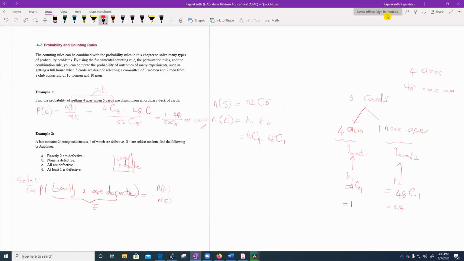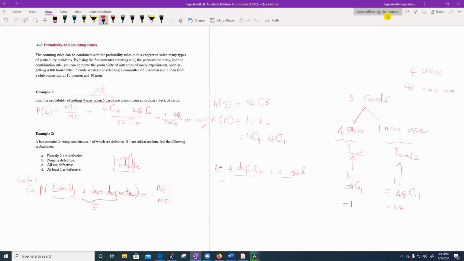In order to find this event, 2 should be defective and 2 should be good. That means you are looking for 2 different events. Now ask yourself, how many ways could this event happen?